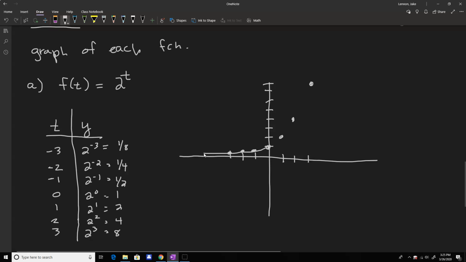So it's this curve that does that. And again, sometimes it's a little bit tricky to draw these by hand, but you're just getting an idea of the curve. So this is f of t equals 2 to the t. All right, so that is, again, an example of exponential growth.